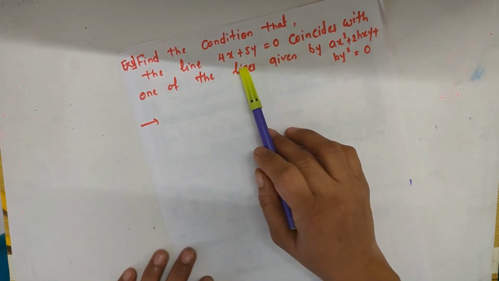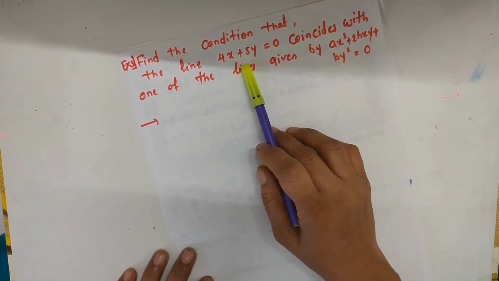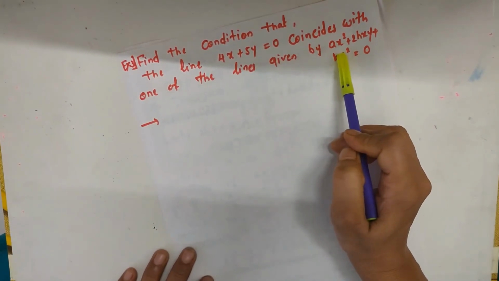In this example we use the auxiliary equation of the homogeneous equation of degree 2, and we know that the auxiliary equation of this equation is bm square plus 2hm plus a is equal to 0. This is the auxiliary equation of the homogeneous equation of degree 2.